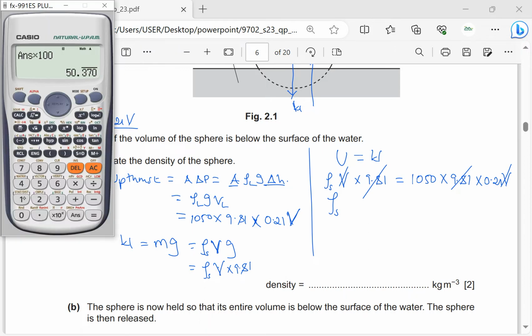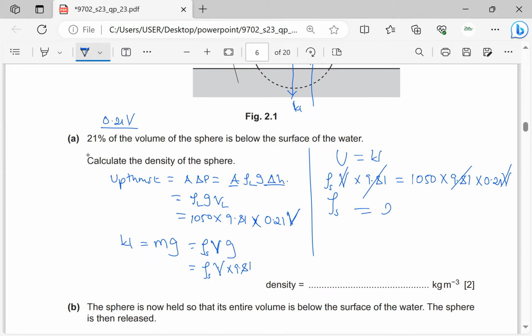So I'll just have 1050 times 0.21, which is 220. So density of the sphere is 220.